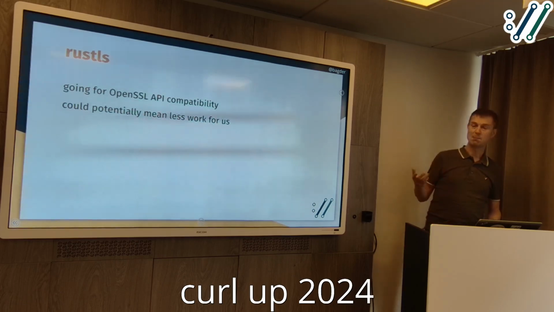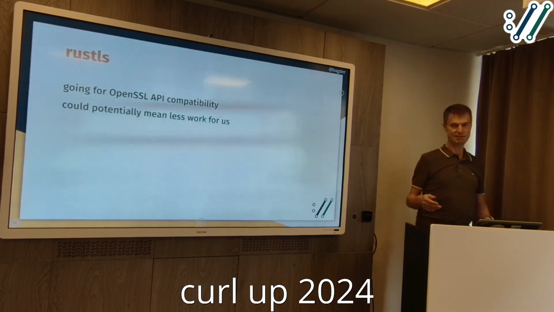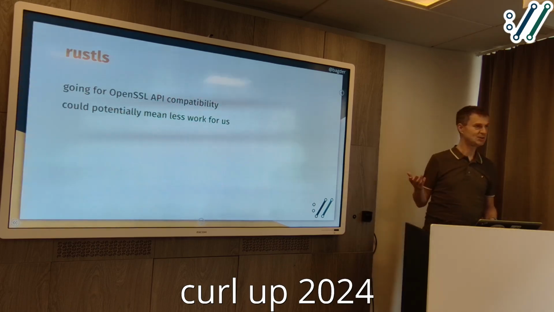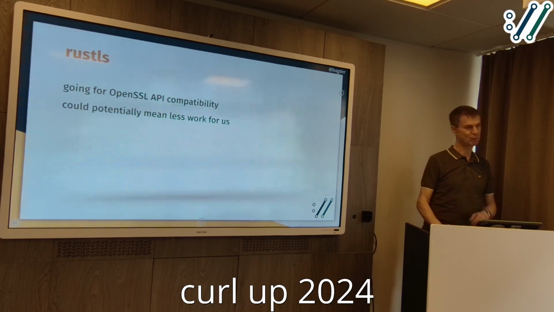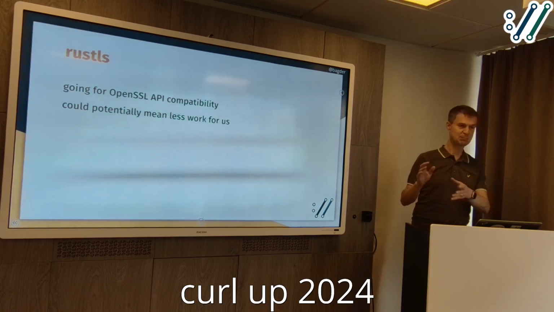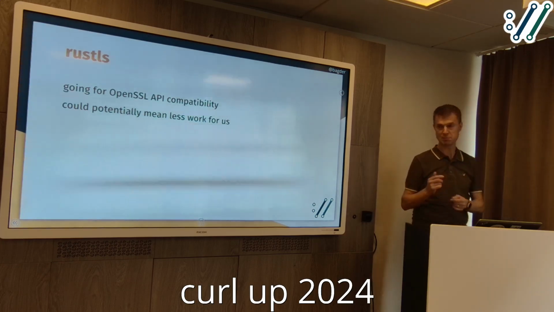The same way we support all the other OpenSSL forks, it would be significantly less work for us. But at least short term, I imagine it will be more work, because I imagine they will have a hard time supporting that API without a lot of caveats, like yes, but not in this case, or yes, almost, but.